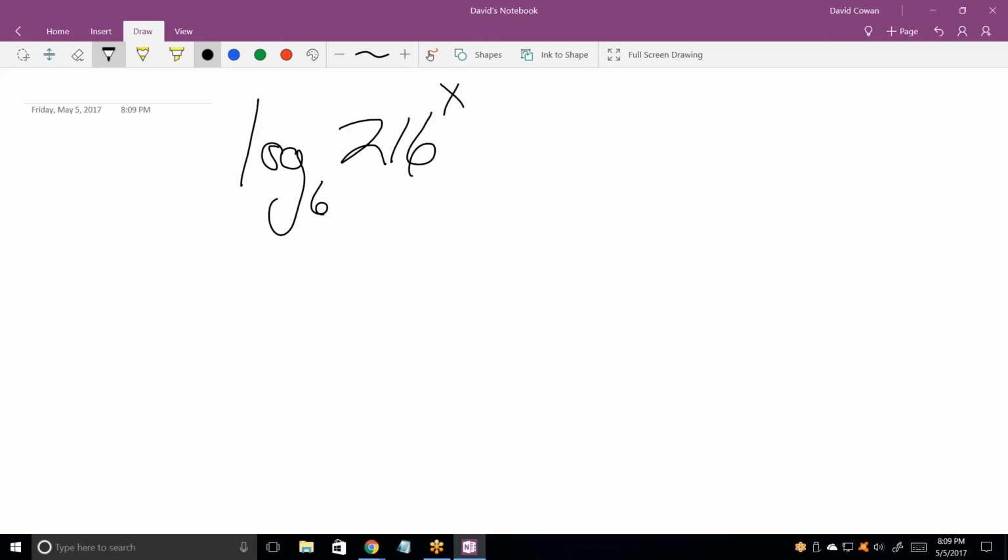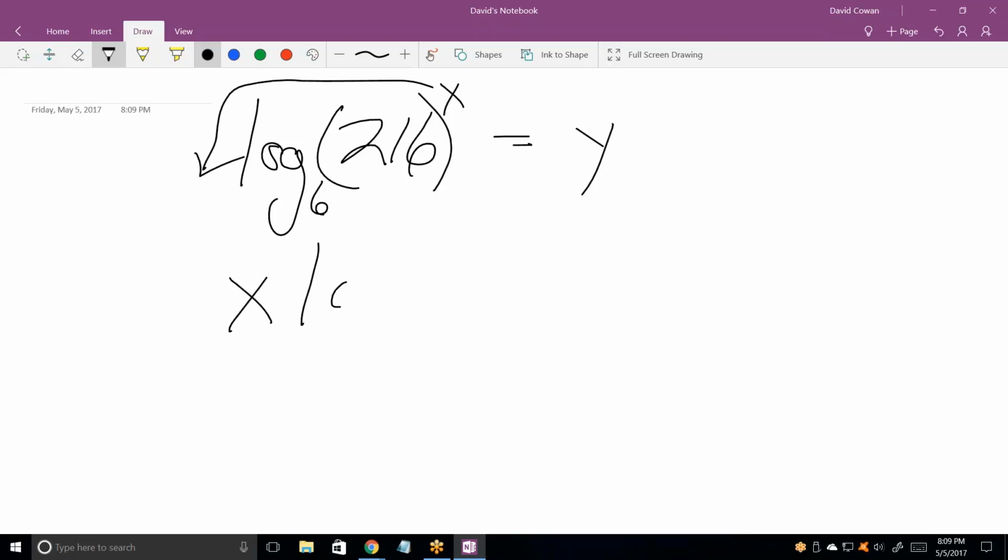Let's make that equal to y, since I can't make it equal to x because that variable is already in use. Now, one of the properties of logs is that if the argument is being raised to an exponent, then you can rewrite it by putting the exponent in front of the log. So I can rewrite that as this.